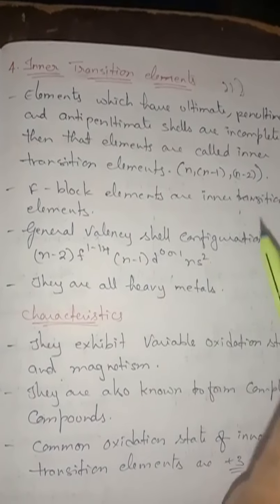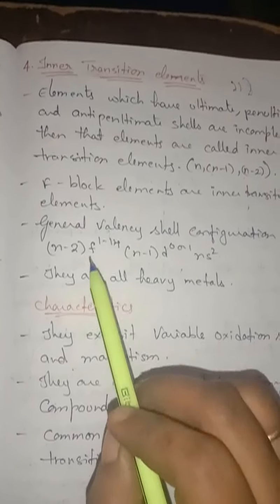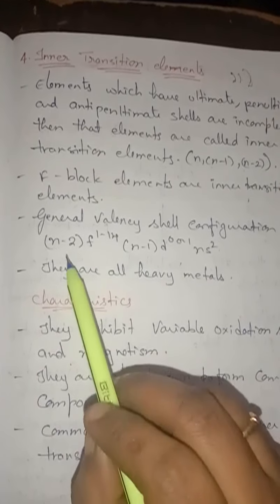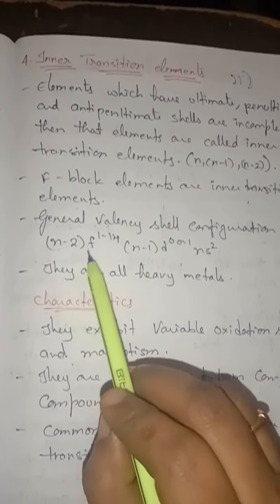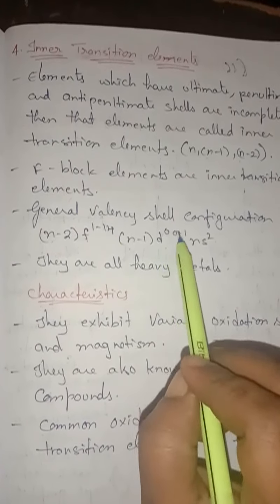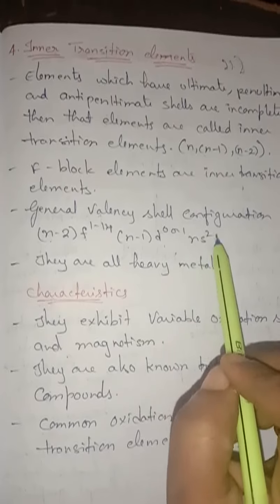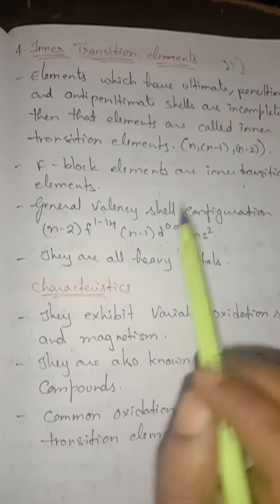So all f block elements are inner transition elements, and their general valence electronic configuration is (n-2)f 1 to 14, (n-1)d 0 or 1, and ns2. So all are incomplete.